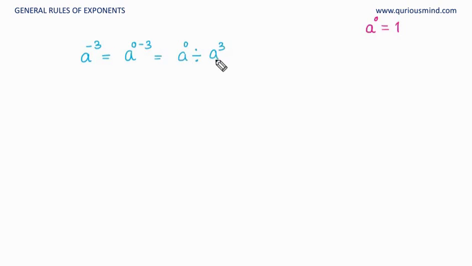A raised to 0 is how much? 1. 1 divided by a raised to 3. So a raised to minus 3 is same as 1 divided by a raised to 3.